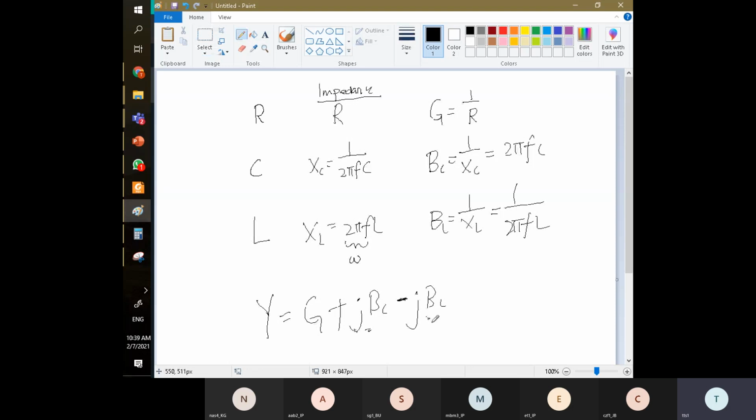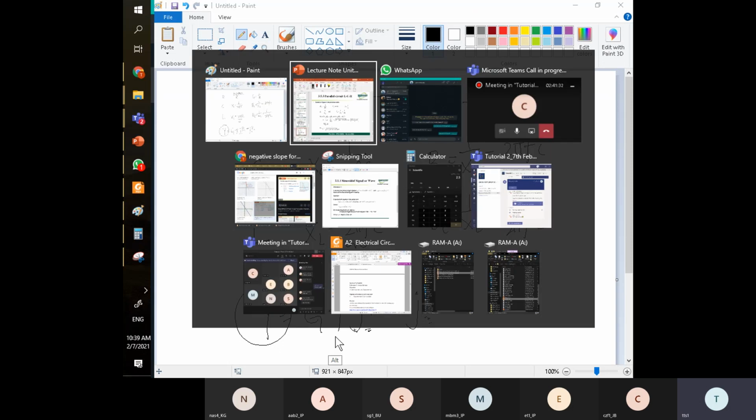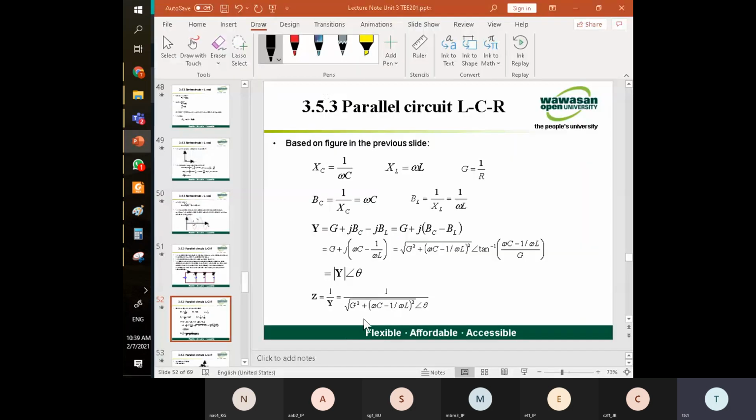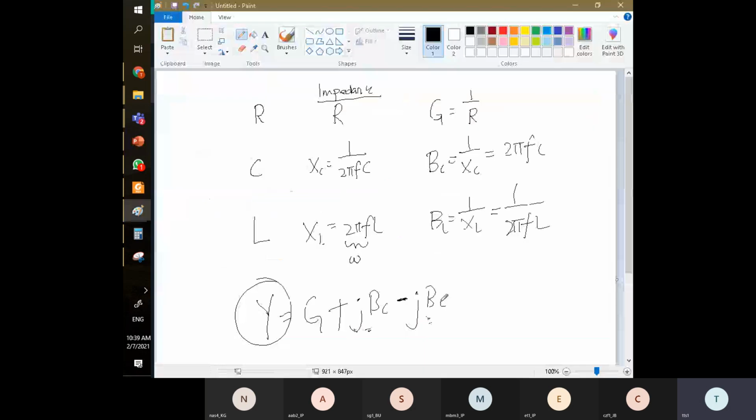One is positive, one is negative. This is a formula you need to remember when it comes to the parallel circuit. This is the total admittance, Y. And then at the end, the impedance is Z, and Z is equal to 1 over Y. The reverse of Y becomes Z.